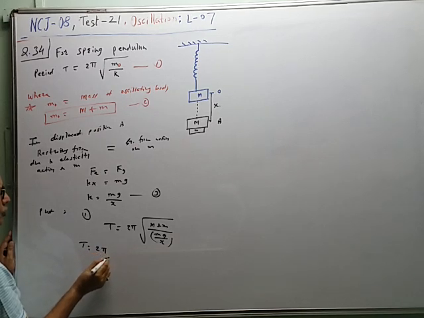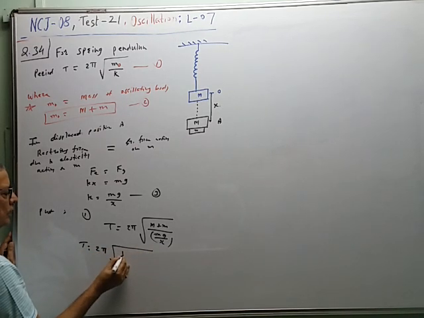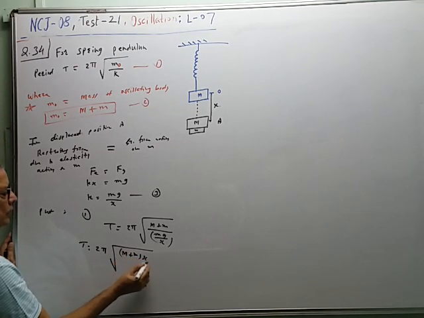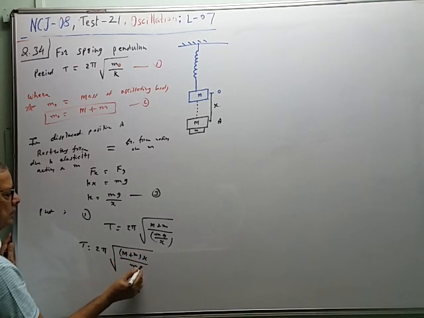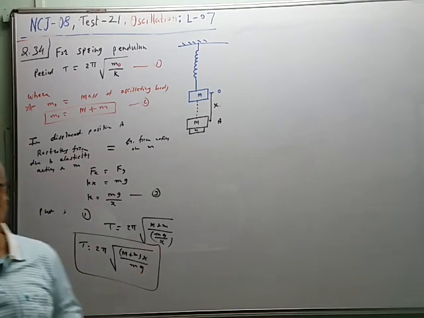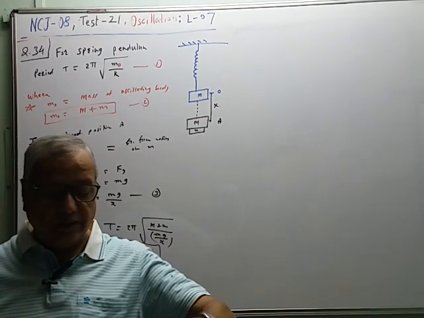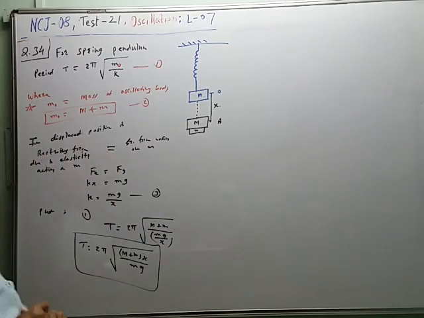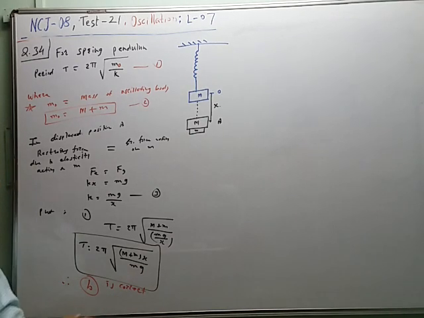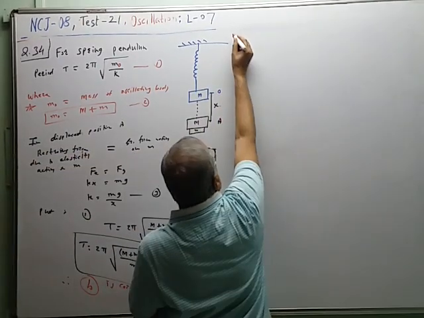So this is equal to 2 pi multiplied by under root of capital M plus some small m into x divided by mg. Like this. So this is the correct relation, and therefore B choice is correct.